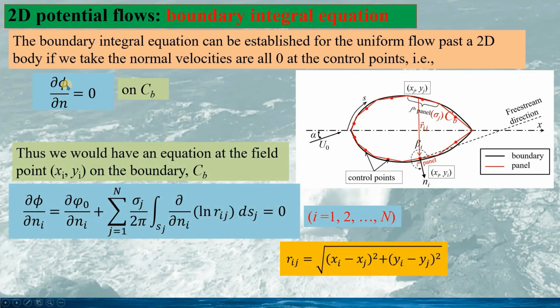If we substitute the expression of the potential function into this expression, we would have the expression as this. It is 0 on the boundary CB, and here i equals 1, 2, ..., n, and here Rij is the distance from the source here to the field point, the control point on the i-th panel. So the distance is calculated as this.